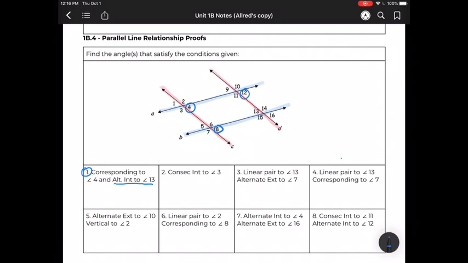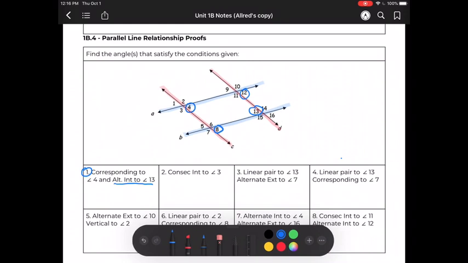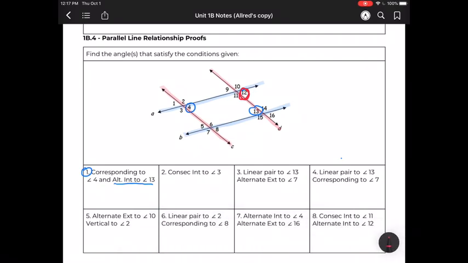Well, angle 12 is an alternate interior angle to 13. So I am not going to use angle 8, I'm going to use angle 12. All right? So angle 12 is both corresponding to 4 and alternate interior to 13.